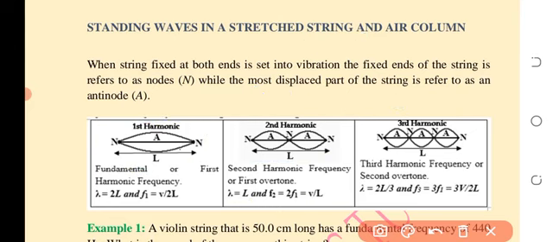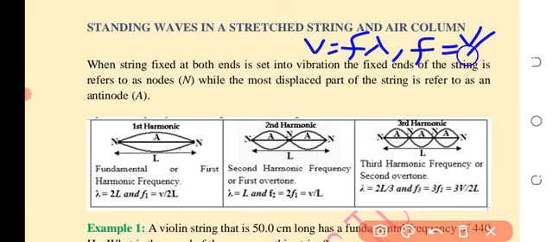And the string vibrating at this mode is in second harmonic mode. Therefore, our frequency will also be second harmonic frequency, or we can as well call it first overtone frequency.